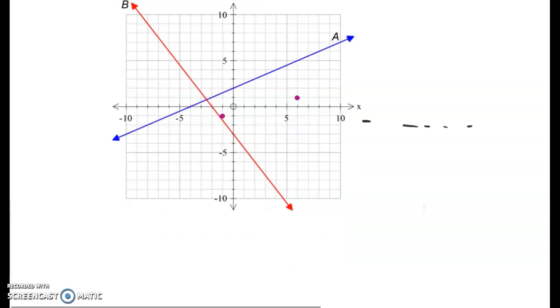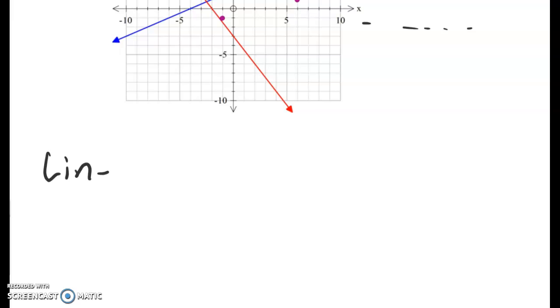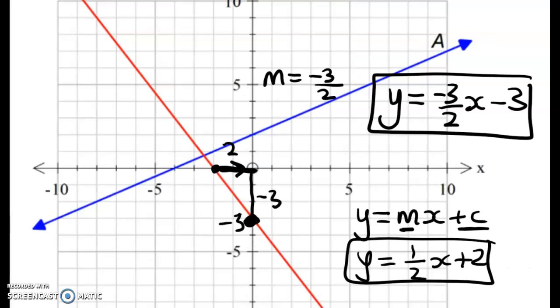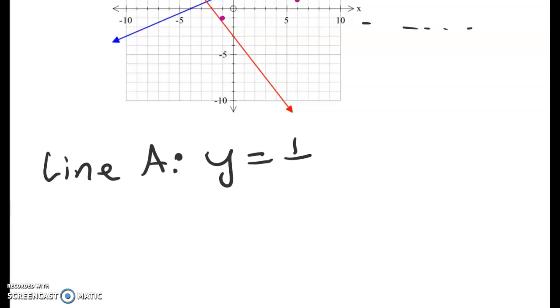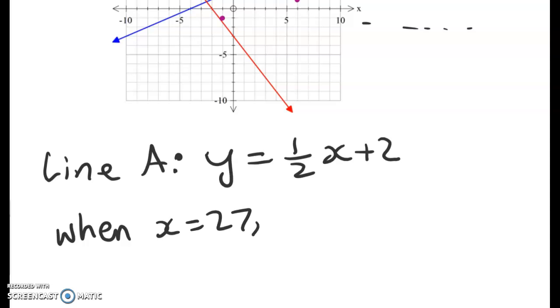So the first line, line A, has equation, what did we get on the page before? Let's see. 1/2 x plus 2. So what we have to ask is when x equals 27, what's the y coordinate?